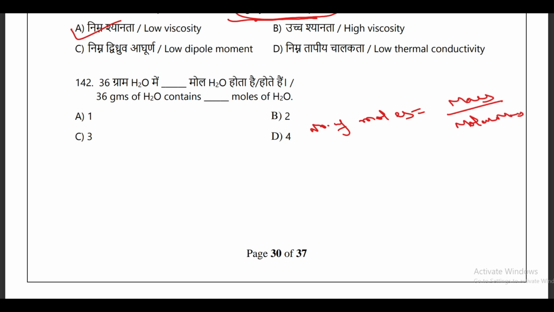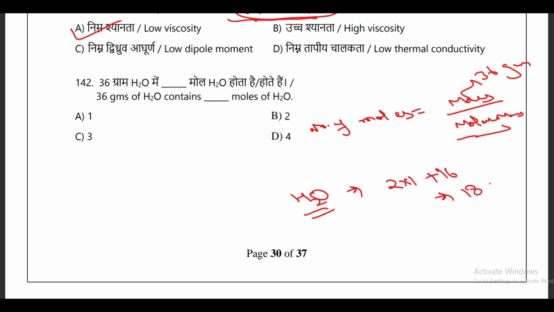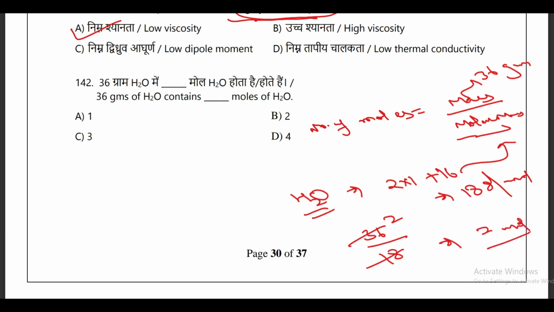Mass of the water is 36 gram, and molar mass of water is 18 gram per mole. So put this value here and divide 36 by 18. You will get 2 mole. So your correct answer is option B.